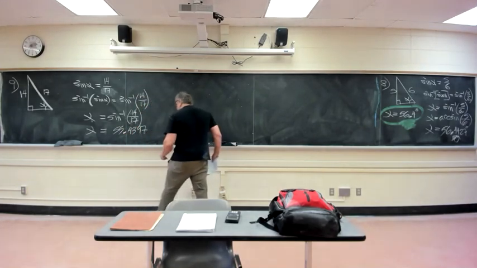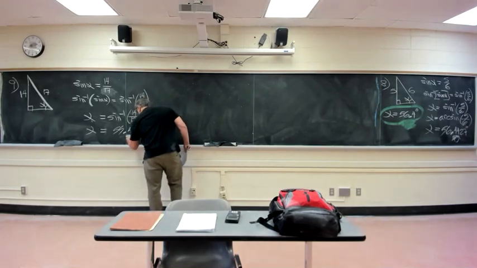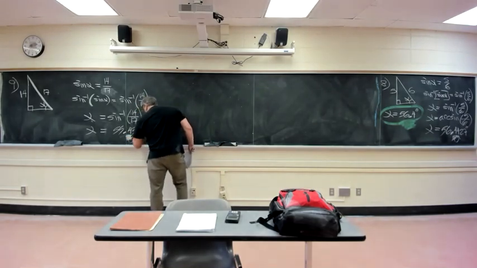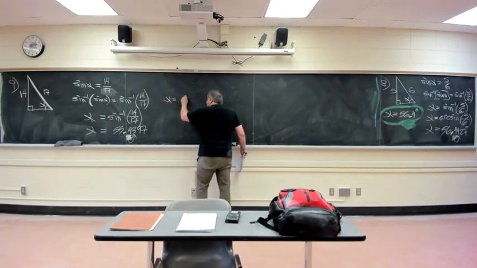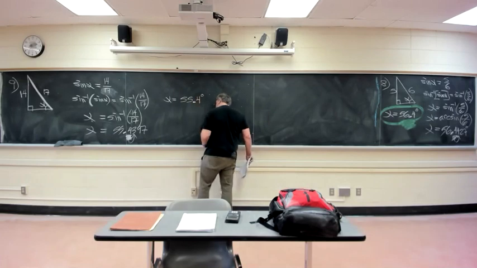Round to the nearest tenth of a degree. Does that stay a 4 or go up to a 5? Sure looks like it's staying. 55.4 degrees.